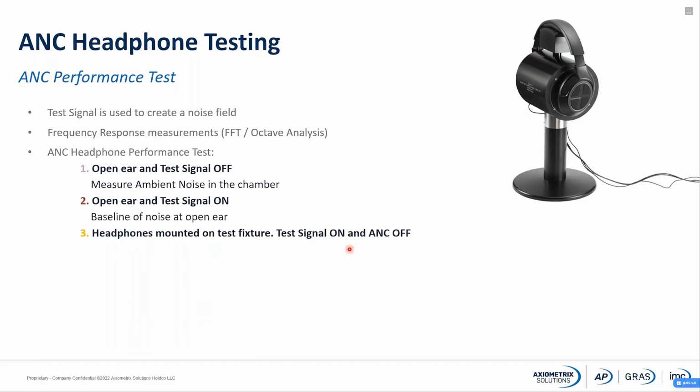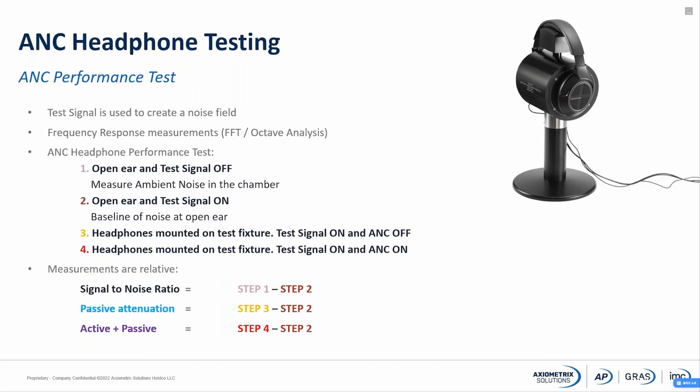For the third part, we're going to mount the headphone for the first time. We mount the headphones on the test fixture. We keep the test signal generator on, but we're going to make a frequency response measurement with the ANC function turned off. And then for the last part, we're going to do the same measurement, but now we are going to turn on the ANC function of the headphone or headset.